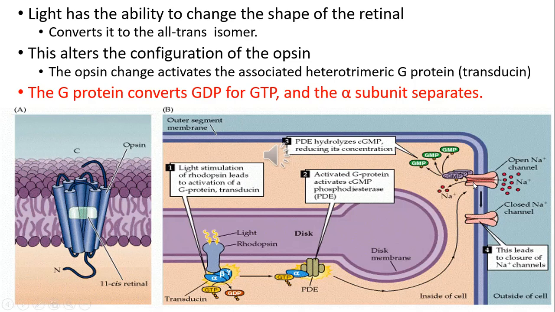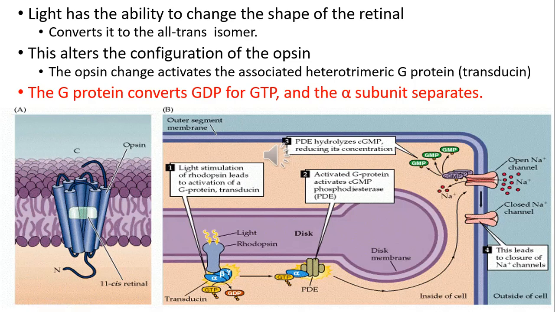Remember, in the dark, these channels are always open, but once there's light, the channels are supposed to be closed. In the dark, channels are always open, and when channels are open, glutamate is always being released. But in light, the sodium channels are going to close, hence they're going to suppress the production of glutamate.